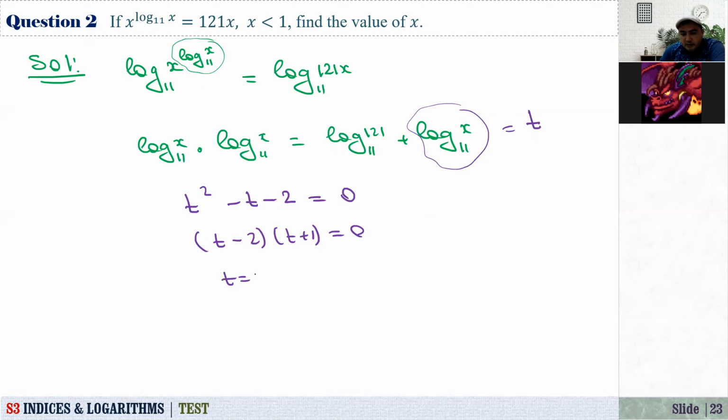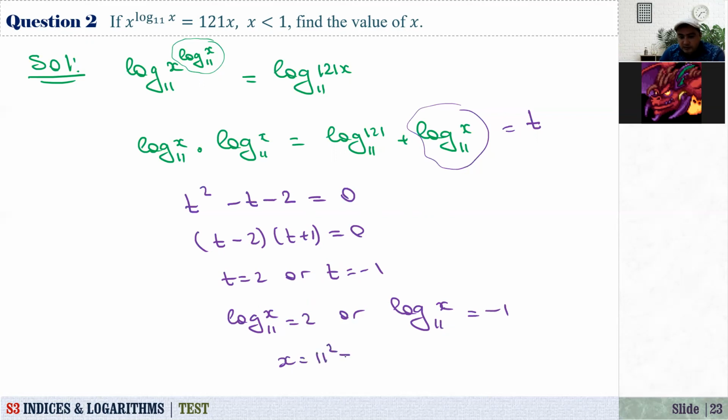So t is equal to 2, or t equals -1. What is t? T is logarithm of x to the base 11, that's equal to 2, or logarithm of x to the base 11 equals -1. From here, x equals 11 squared, that's equal to 121, or x equals 11 to the power of -1, that's equal to 1 over 11.